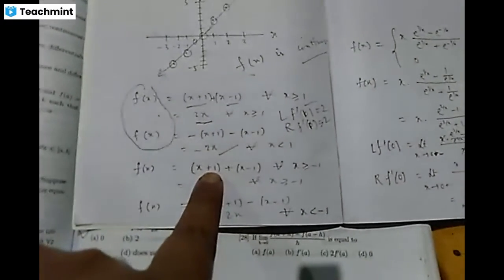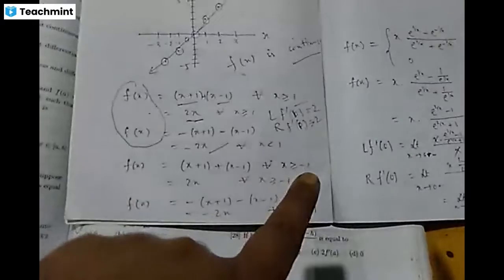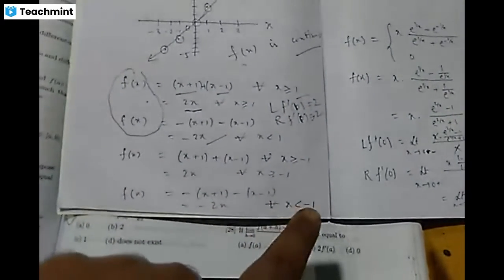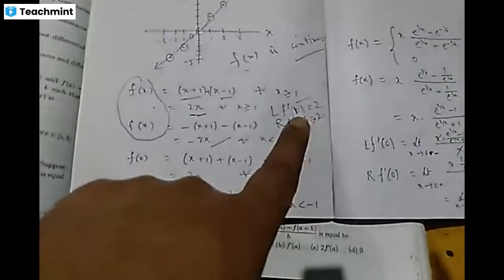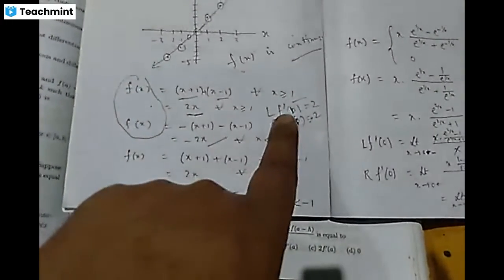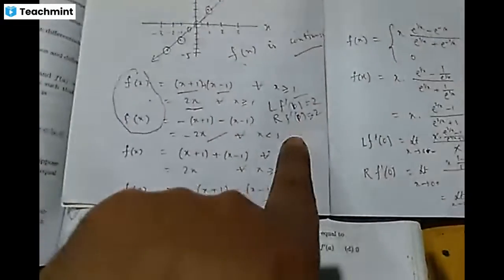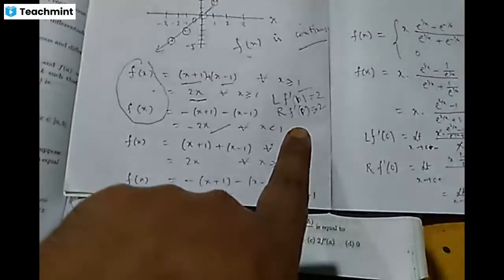Now there are two points where we can examine whether it is differentiable or not. Plus 1 we have already examined, now we can examine minus 1. When x is greater than or equal to minus 1, this will again be 2x, and when x is less than minus 1, we again get minus 2x. Same formula: the right-hand derivative is 2 and the left-hand derivative is minus 2.